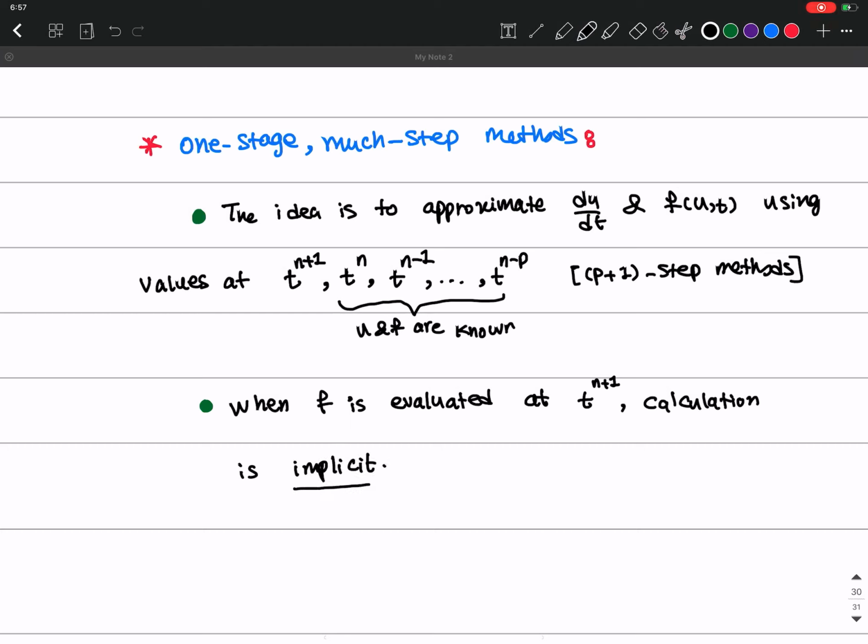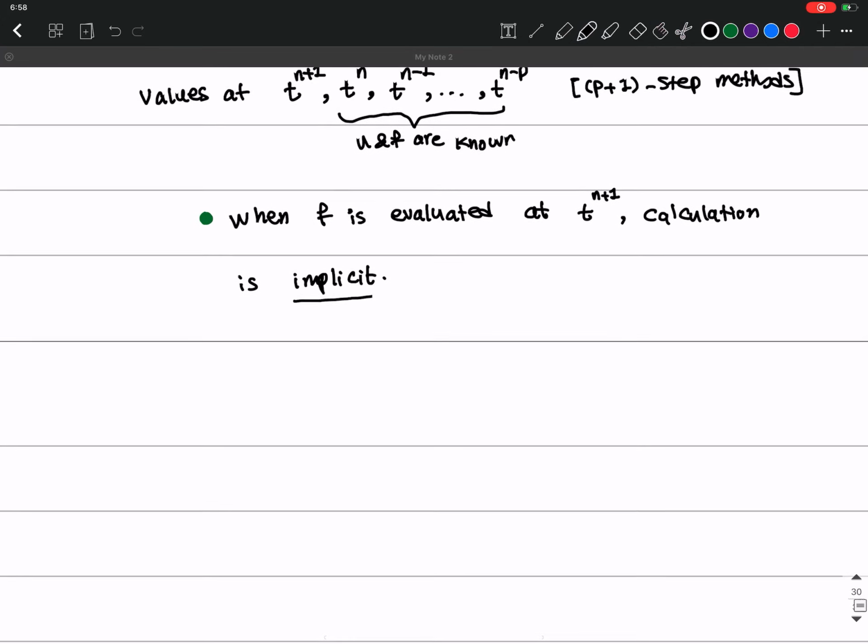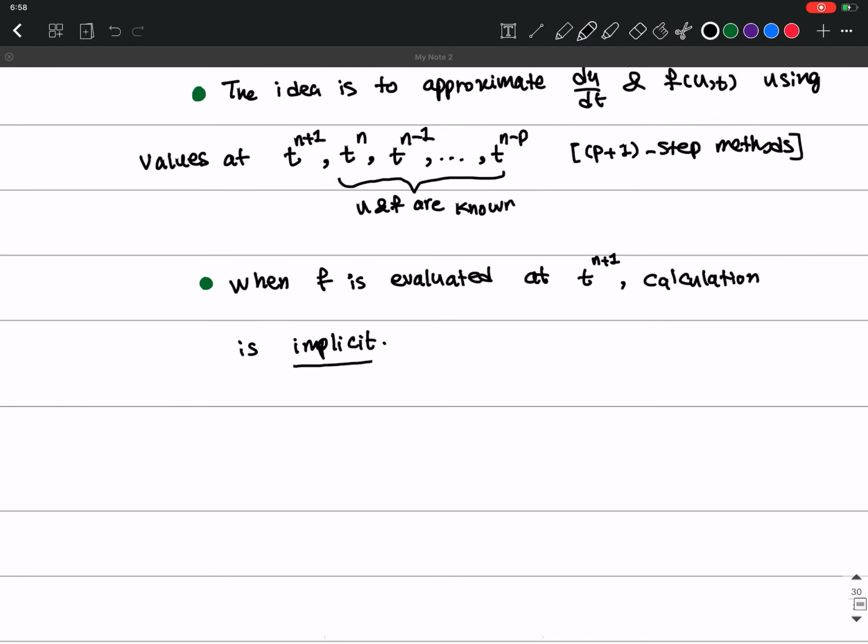Because we don't know the value of f and u at tn plus 1, but we already have to use them in order to get the new value of u. So we have to use matrix algebra to be able to solve for the new value of u at the new time step. Okay, this is the first note.